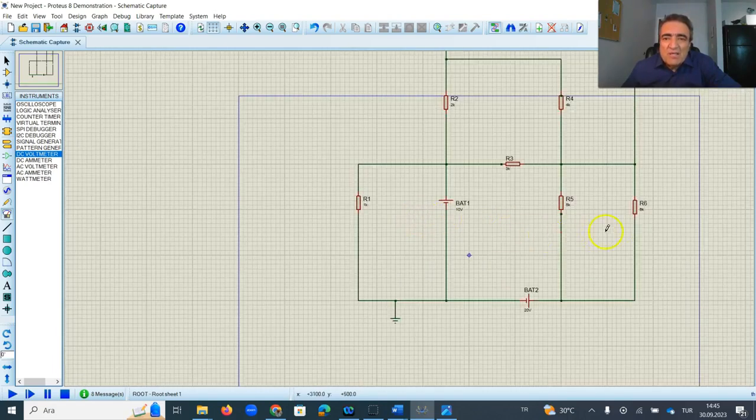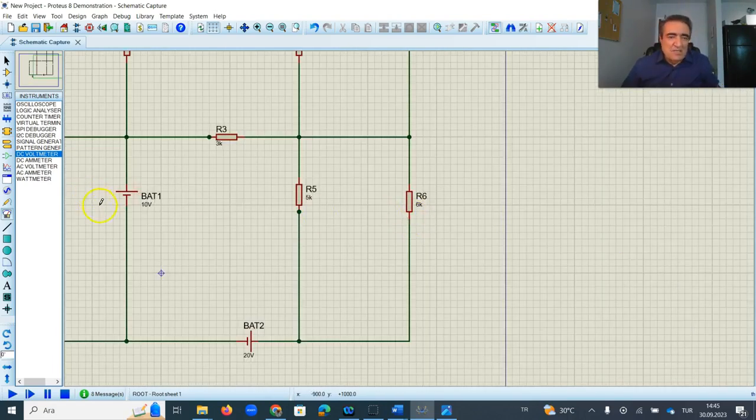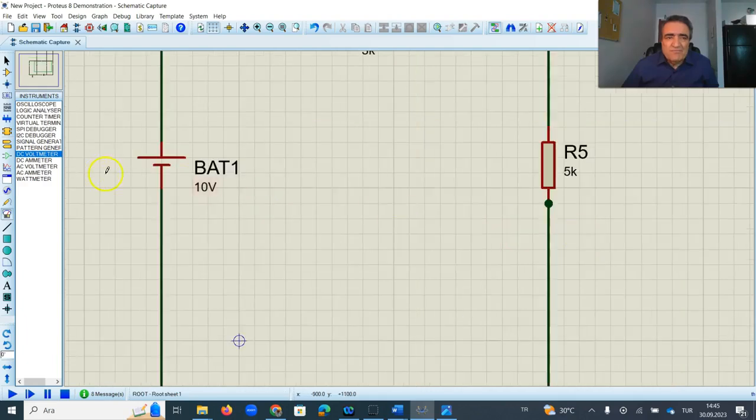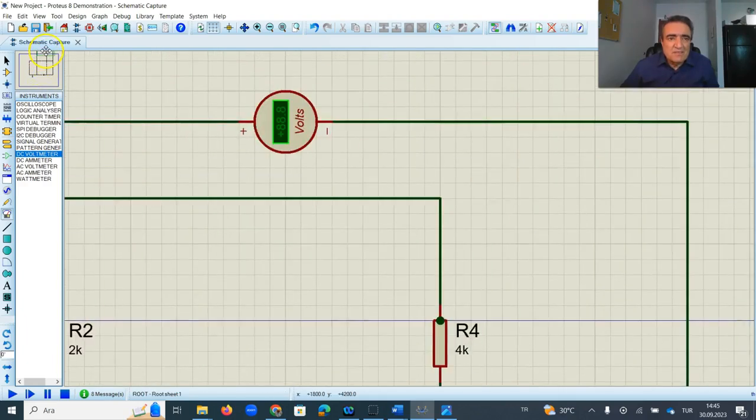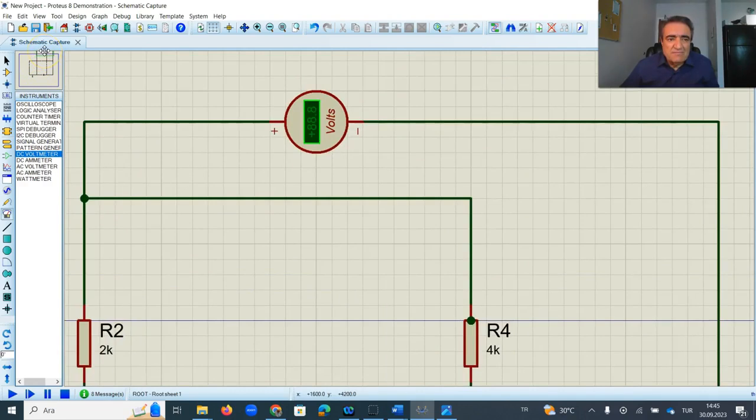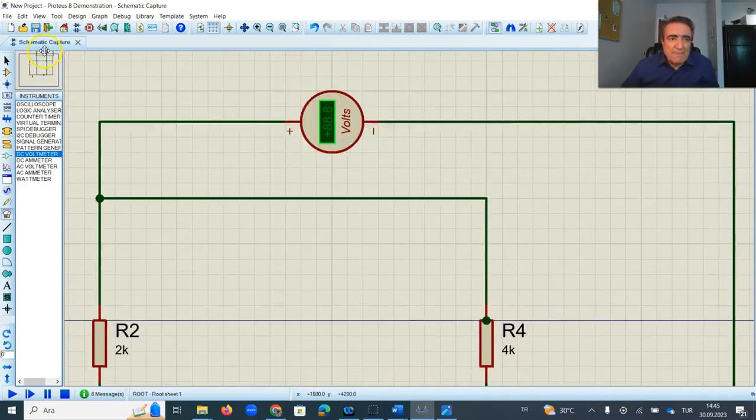For example, now you will see the voltage here, and run the simulation program. Okay, this is still 5.24, and we continue changing the position of the voltmeter.